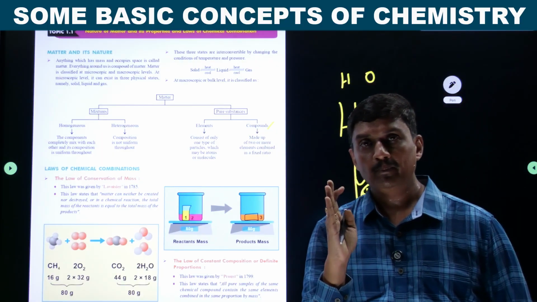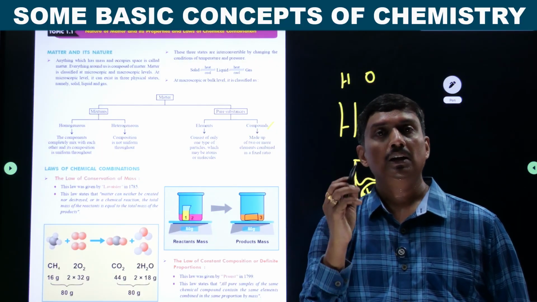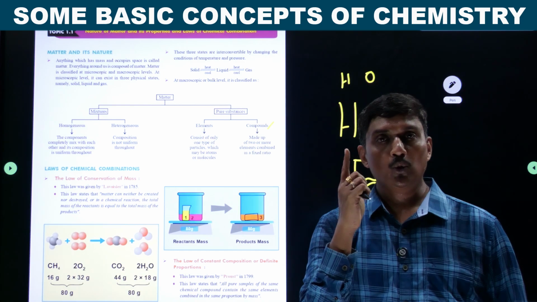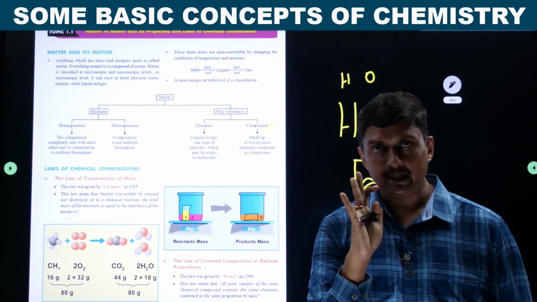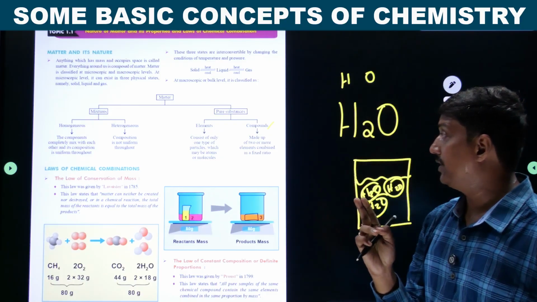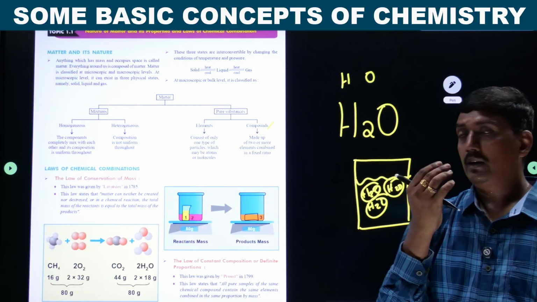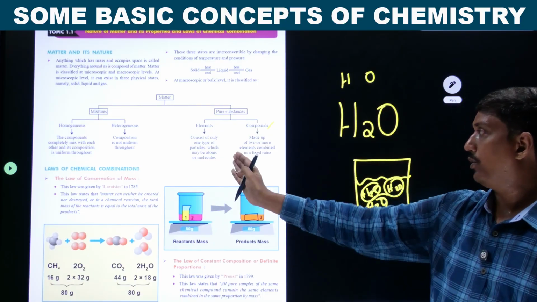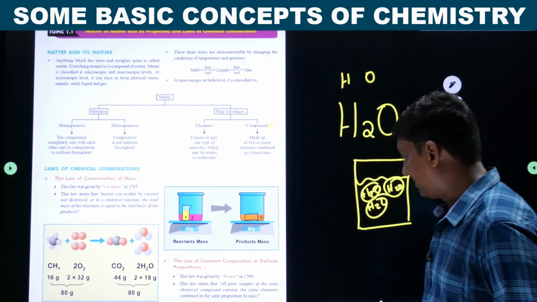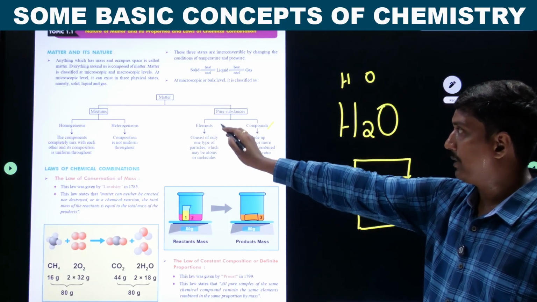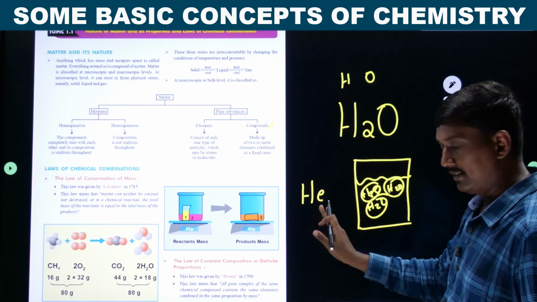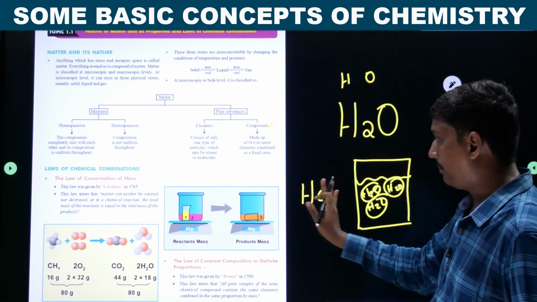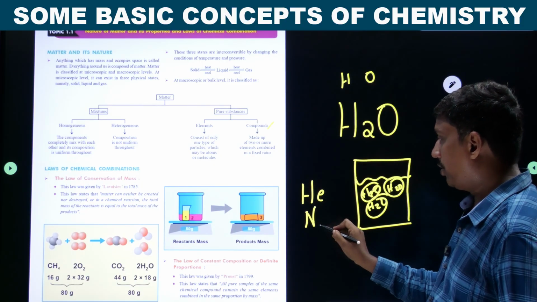What is an element? An element is a substance which is made up of only one type of atoms. Elements exist in the form of atoms or they may be in the form of molecules. An example of atomic elements is helium. Helium exists in the form of He, it does not combine with another helium.